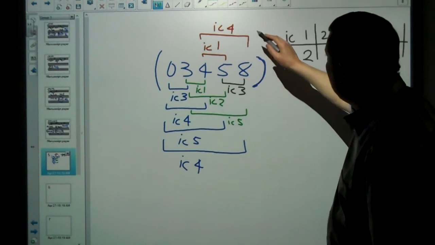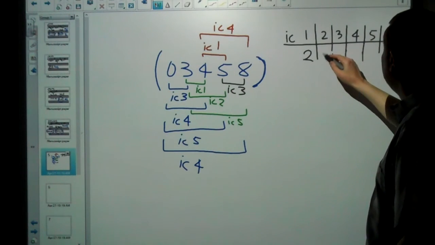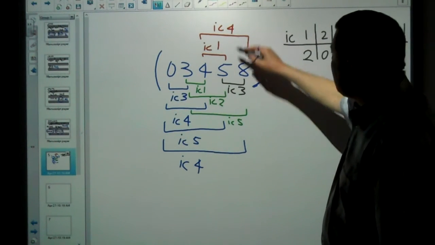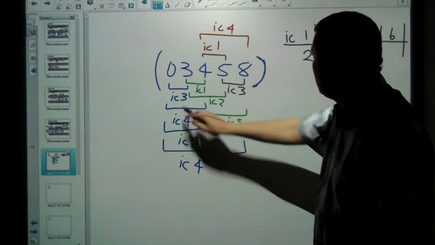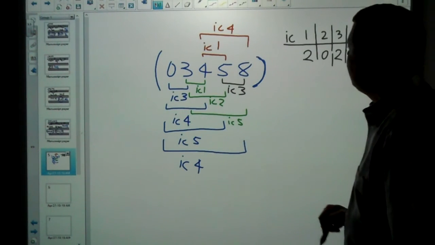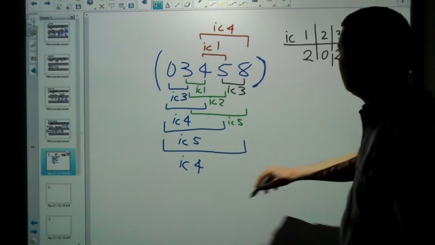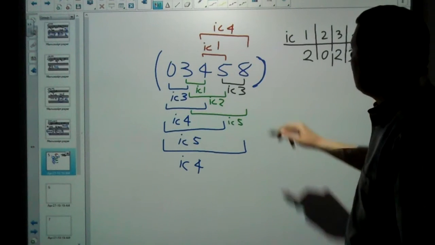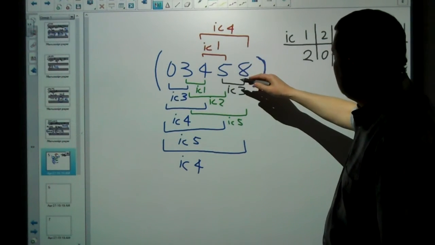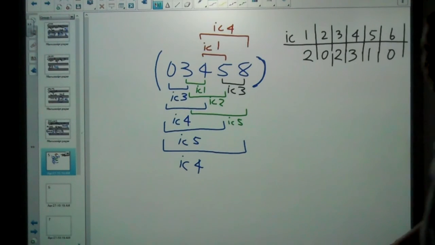Interval class 2, I don't see any. Interval class 3, 1, 2. Interval class 4, 1, 2, 3. Interval class 5, 1. And interval class 6, 0.